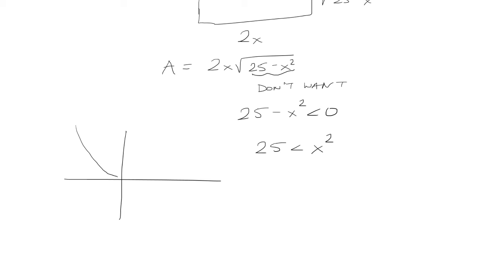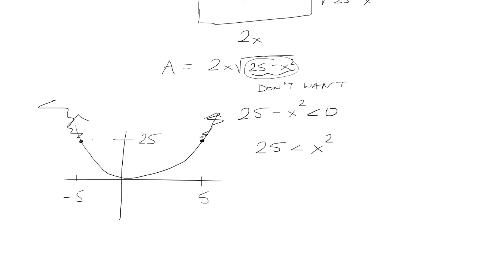We know that y equals x squared looks like this. At 25, it's going to be 5 and negative 5. So any points to the left of negative 5 and to the right of 5 is going to give us a value that's bigger than 25. And that's going to make this inside negative.